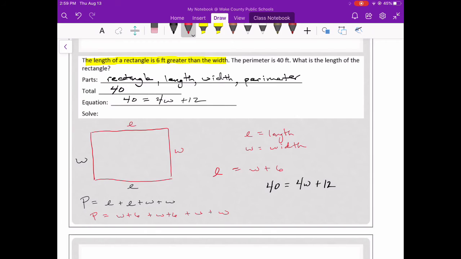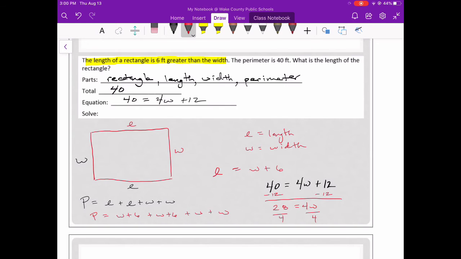So I'll go ahead and solve here. I'm going to try to get everything away from my W because I'm solving for W. What's the opposite of adding? It's subtracting 12 from both sides. And that's going to leave me with 28 equals 4W. 4W means multiply by 4. So how do I unmultiply? I divide.